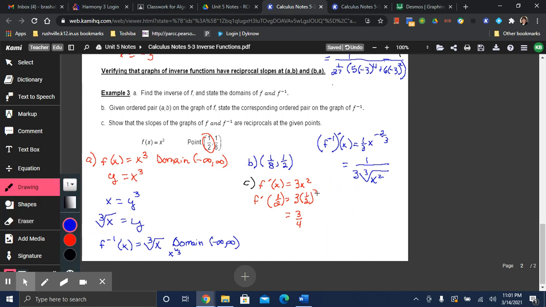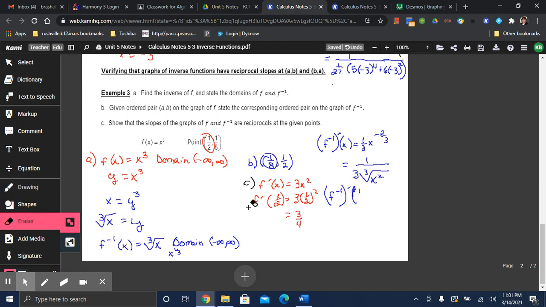And so we have to do f inverse prime of, and then for this one, the x is 1/8. f inverse prime of 1/8.